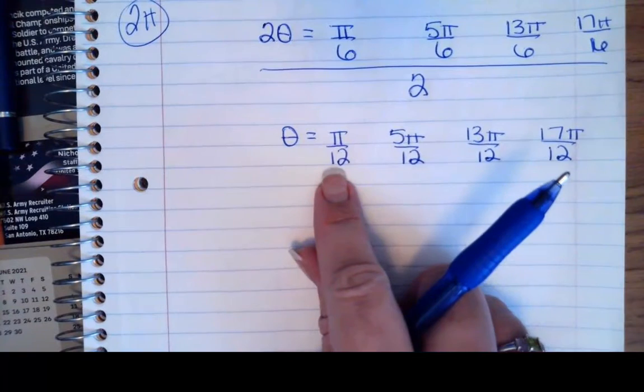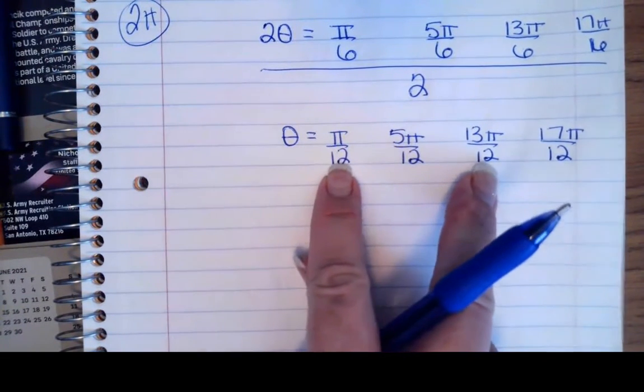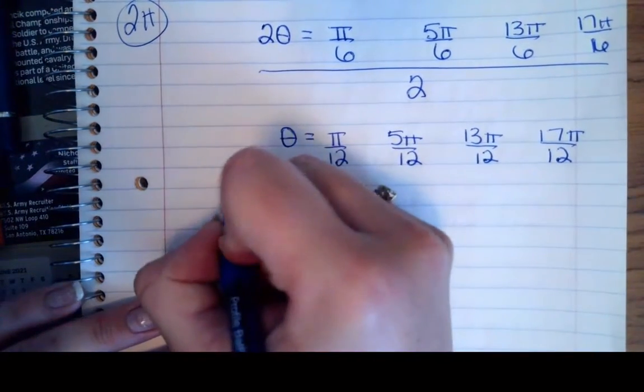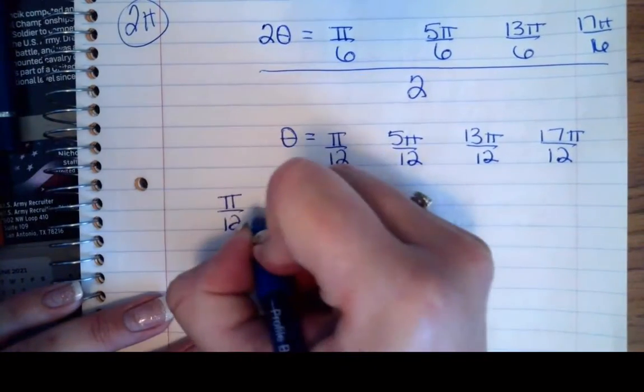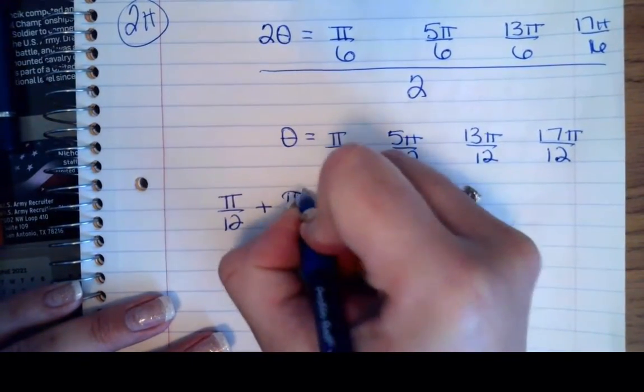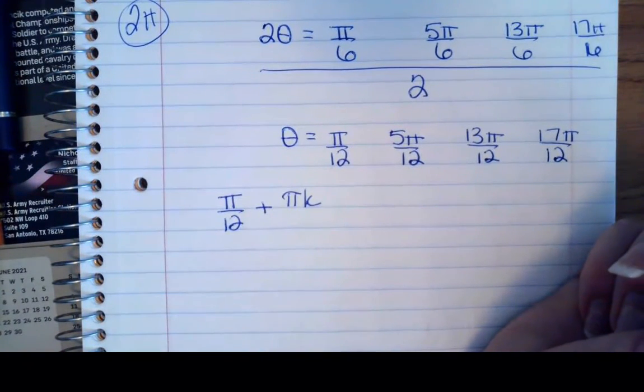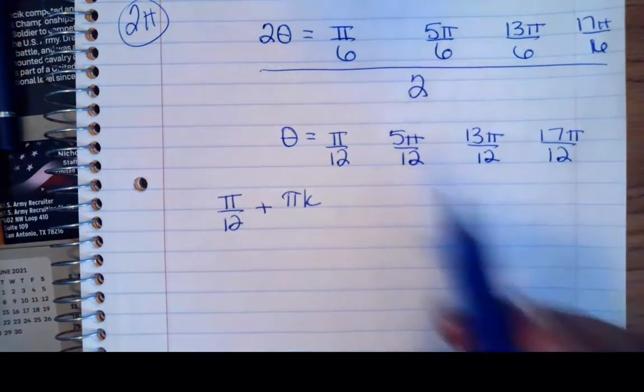Well, to get from here to here, I added 12 pi's over 12. Okay, I added a pi. So from here, I can take my first one plus pi k. Okay, so I'm going to represent how to do this, and then I'm going to look at the next one.